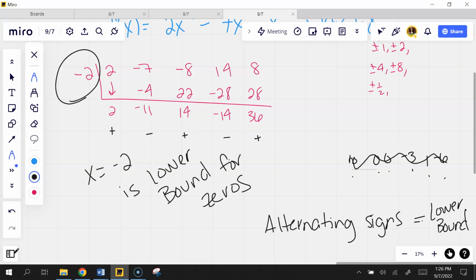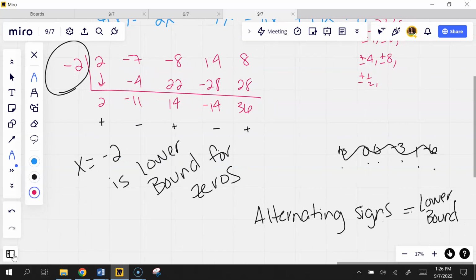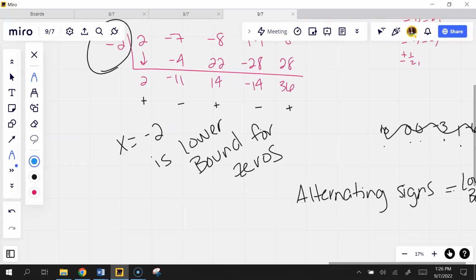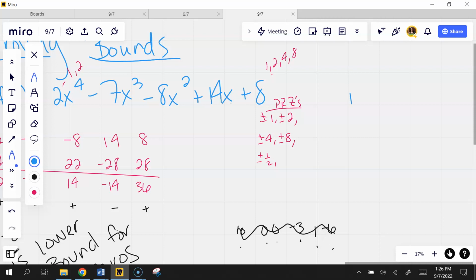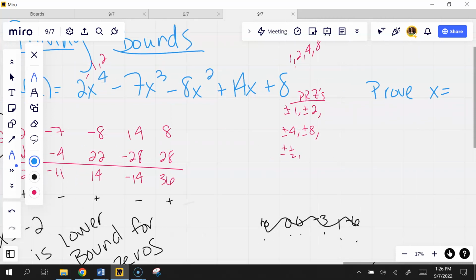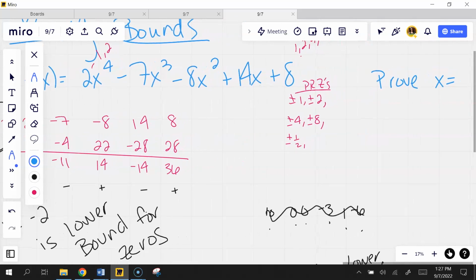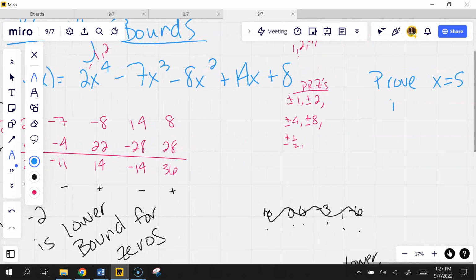Mel, how do you find the upper bound? Is that what you're asking? I'm fixing to show you. All right, so there's lower bound, and upper bound, and I'll do this one the way it would probably be given to you. Prove that x equals 5 is an upper bound.